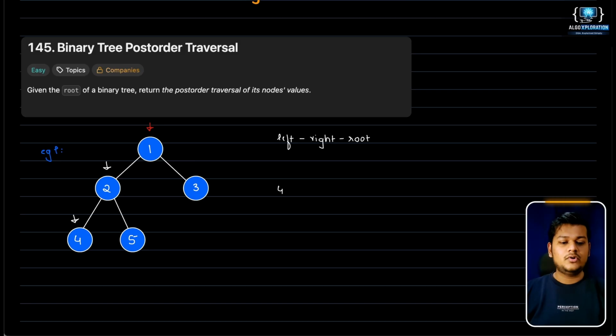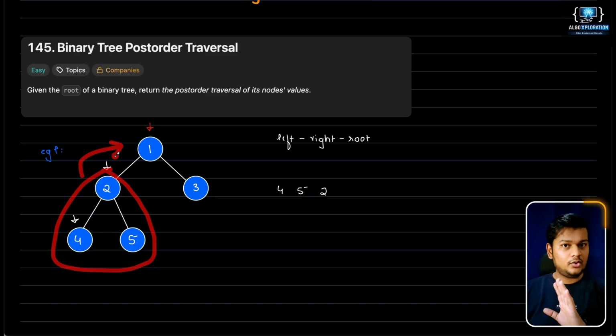Okay. Now, should I print 2 now? No. We have to go for the right now. So from 4 to 2, we will go to 5 now. And 5 will be printed because 5 is a leaf node. So 5 will be printed and now we will print 2. So here we can see that 4, then 5, and then 2 is printed. Now this part is done. Now I will be coming back to 1.